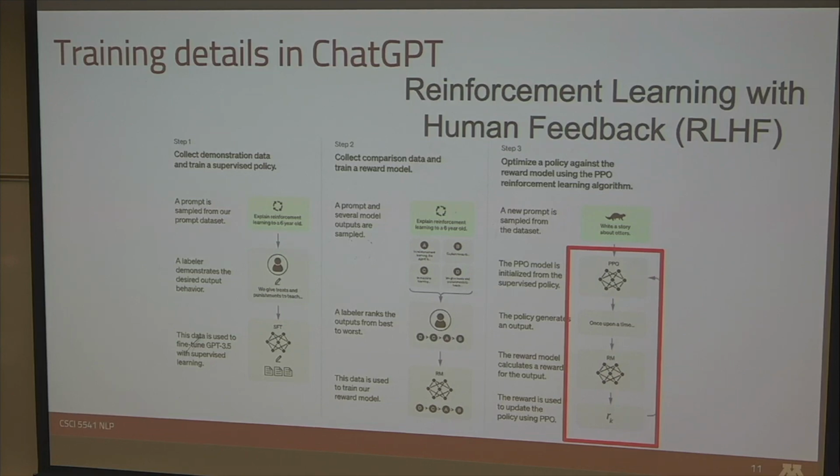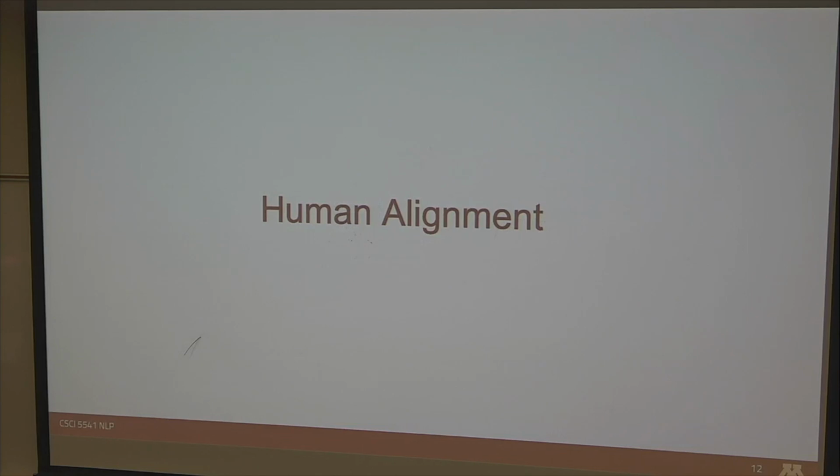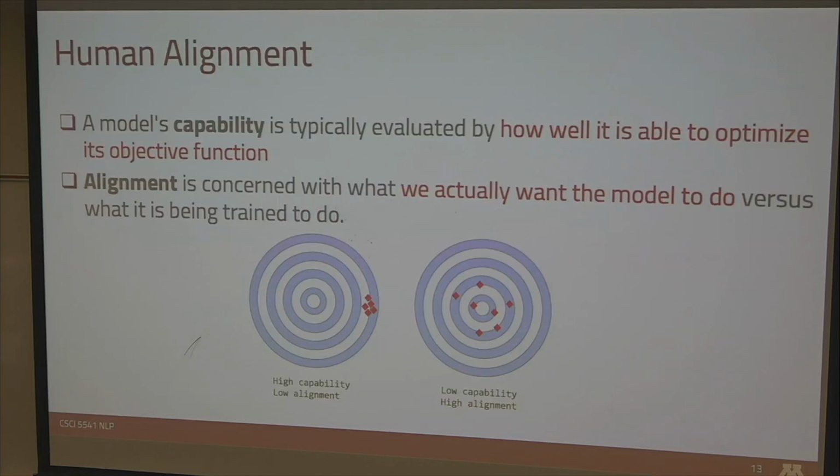Okay, so we've been talking about alignment, and what does this actually mean? Language models are trained to optimize a certain objective function, predominantly the next token prediction task.